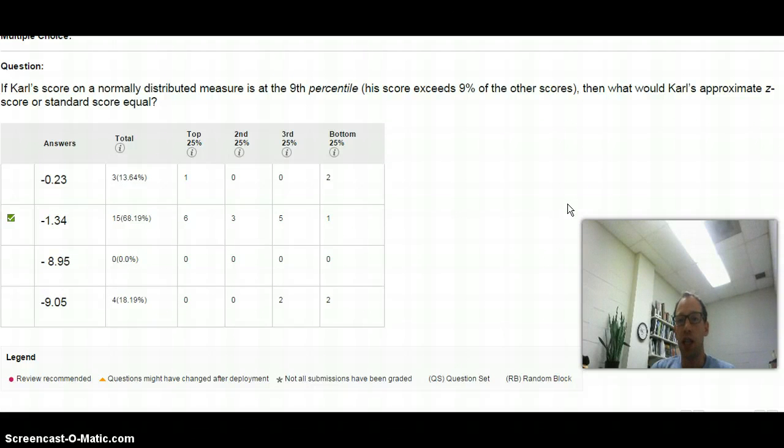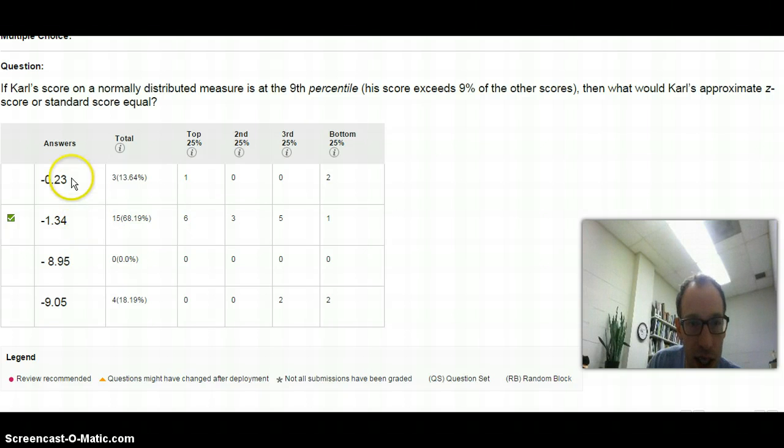Okay, ninth percentile. We can do this many different ways. One way would be to look at the normal distribution. We know that 95% are within 2 standard deviations, so negative 2 z-score and positive 2 z-score would be 95%.